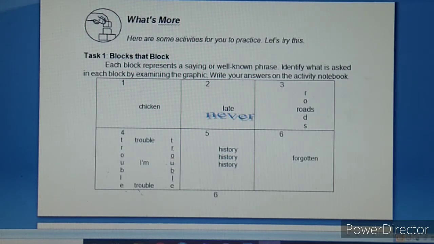The word is forgotten. What do you think is the saying or phrase that could represent number 6 block? Okay, the saying is gone but not forgotten. So those are the correct answers for blocks 1 up to 6. Congratulations! I hope all of your answers for this task are correct.